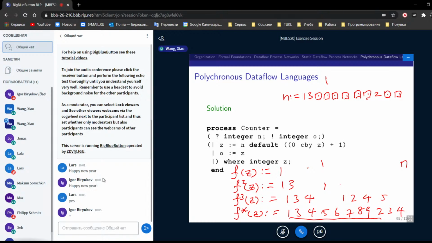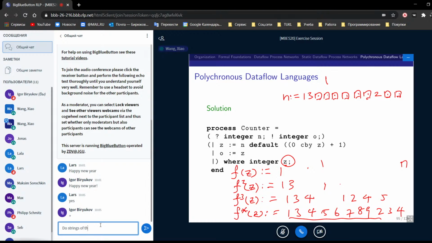this question mark means pure input, which means that you can only read. This exclamation mark means that it's a pure output, which means that you cannot read from it. You can only write to it. So what you have to do is, here you need to define a local variable, z, here.